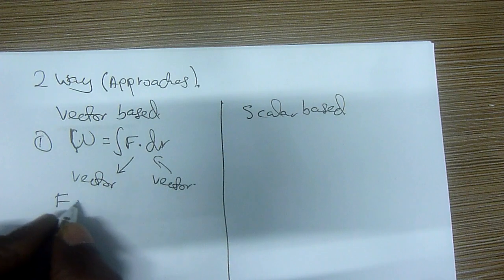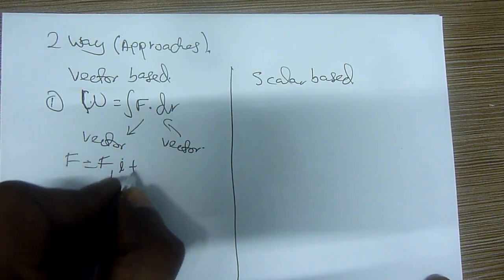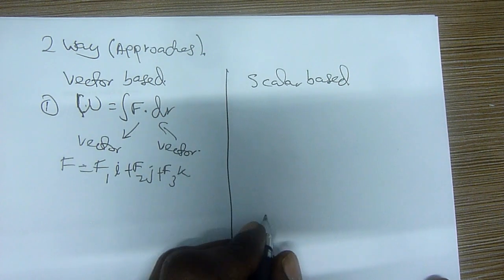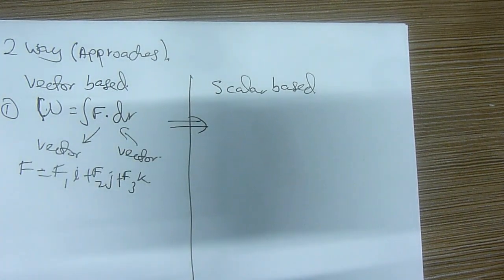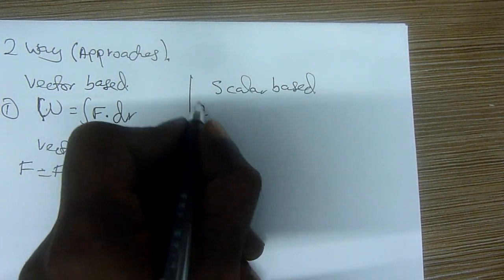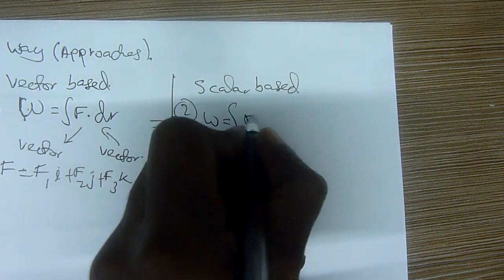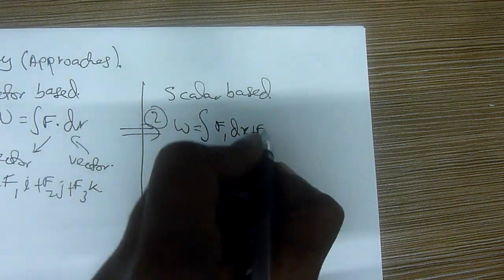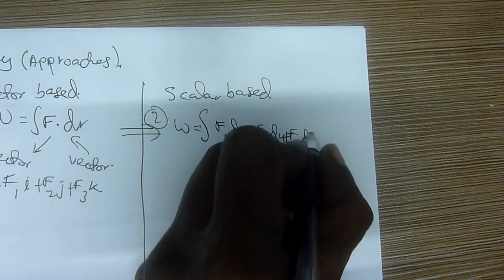For the force, call it F1 i, F2 j, F3 k, and this directly becomes method number 2, where we can calculate this to become F1 dx, F2 dy, F3 dz.